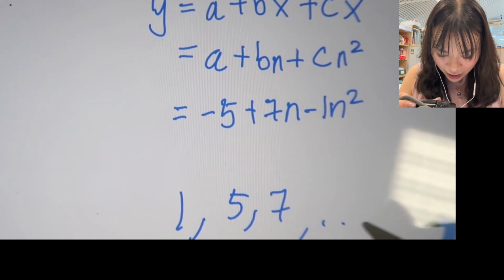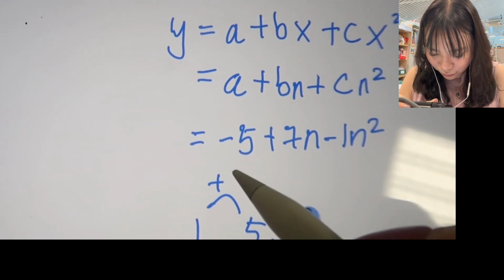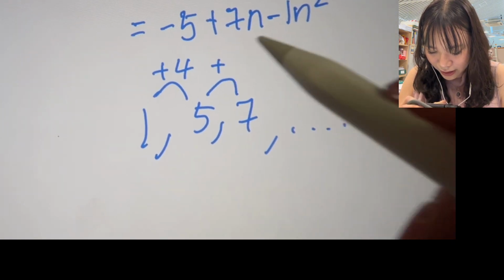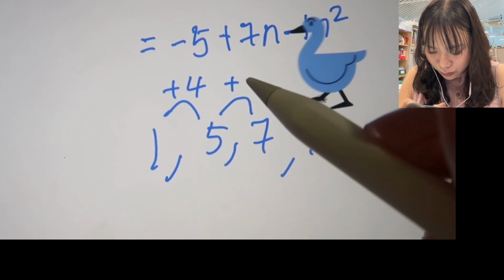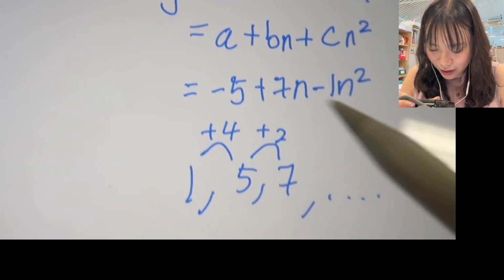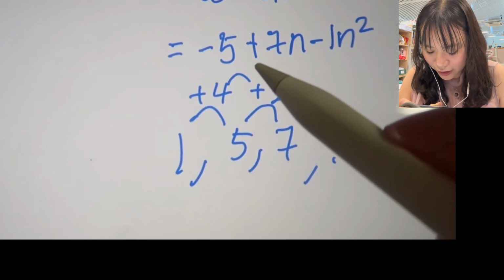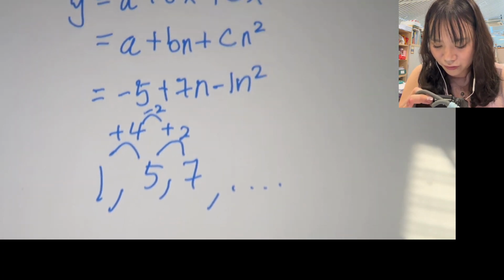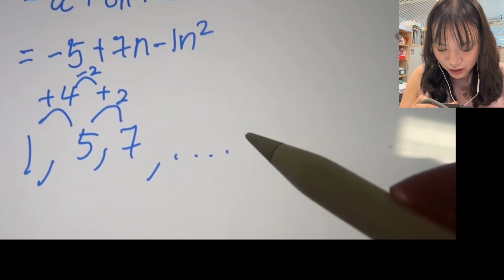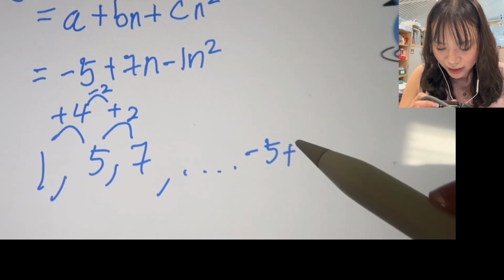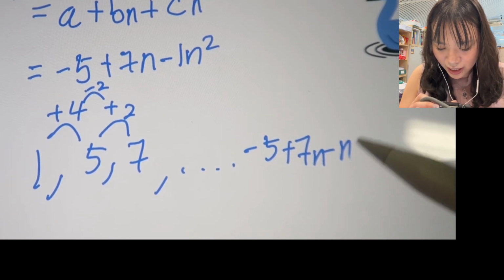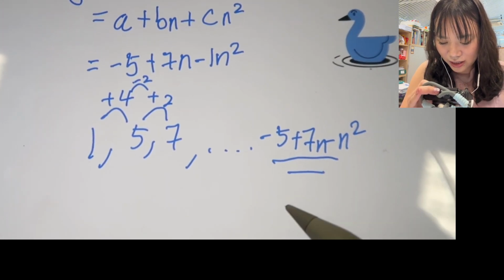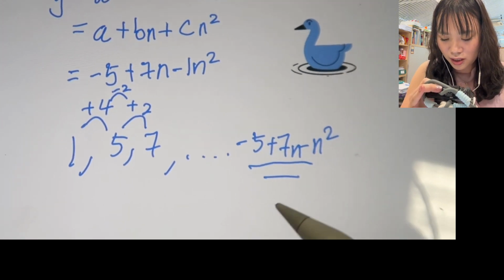We have plus 4, and then plus 2, which gives a double difference of -2. This sequence 1, 5, 7, which is an n squared sequence, is -5 plus 7n minus n squared, and that is the sequence in terms of n squared that we can get using the calculator.